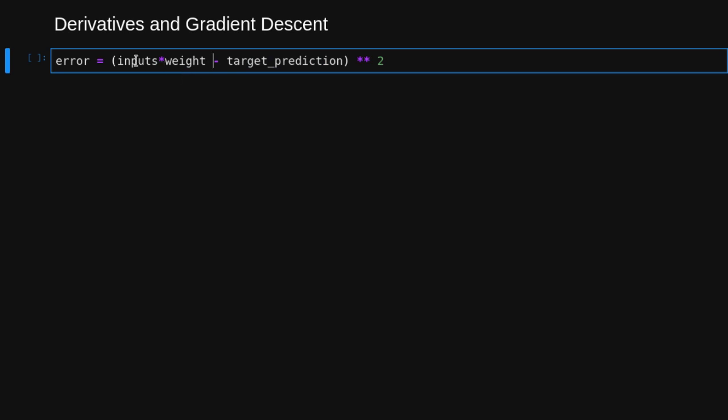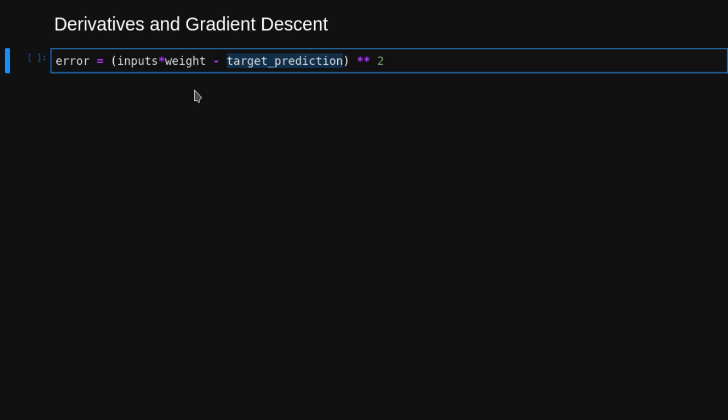So look at these variables. Actually, if you think about it, only two of these are the ones that are subject to change. So by changing the weights, we will change the error. However, we will not be able to change the inputs and target prediction, because both of those are given to us by data. Data gives us the measurements that we will use to make a prediction, and they are pretty much set in stone for every example, and the target prediction is the output that we are trying to achieve, and it's already set by the data and it's given to us.